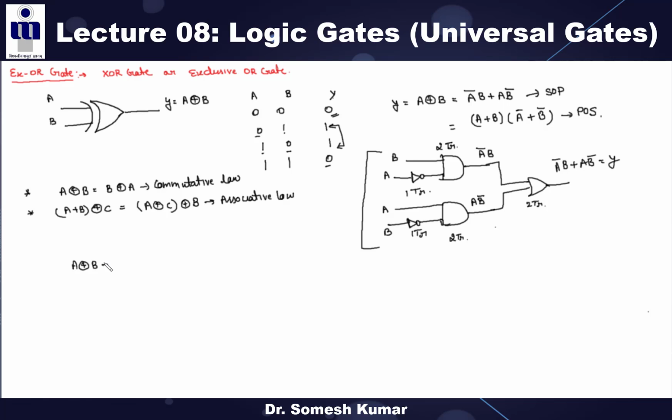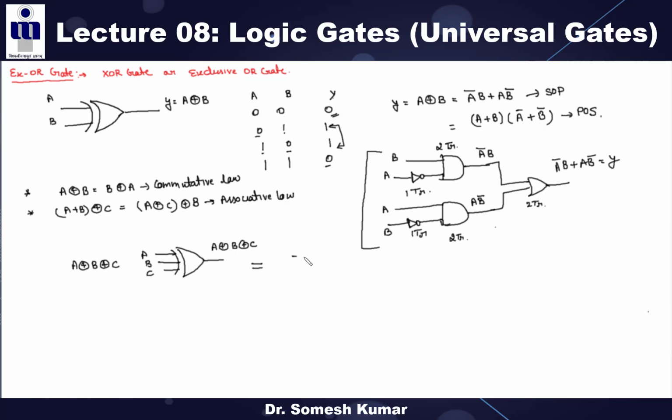Now in the XOR gate, if we are denoting A XOR B XOR C, generally we are saying there are three inputs and this is the output, but in actual, I already told you this is available only with two inputs.